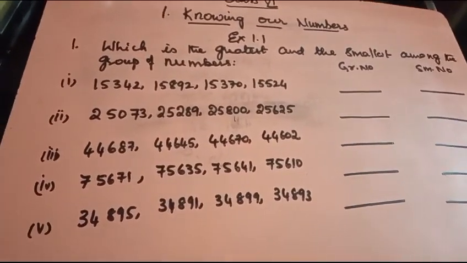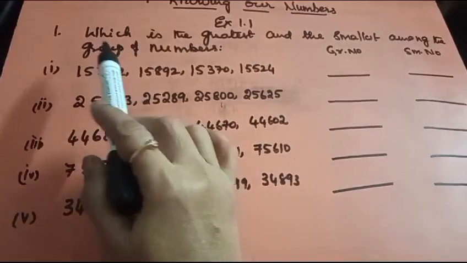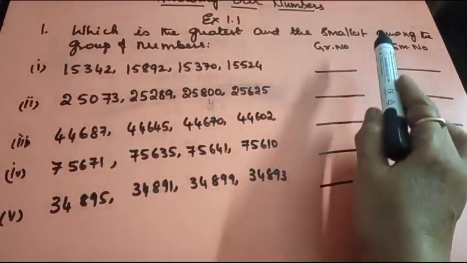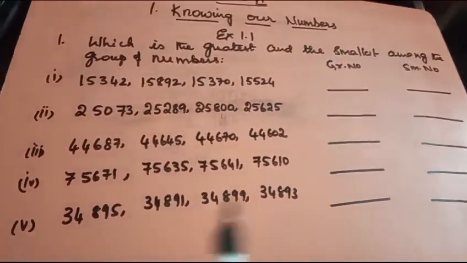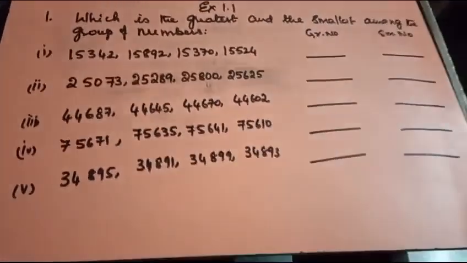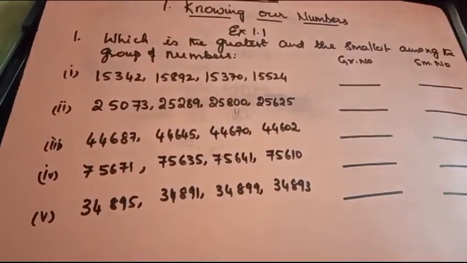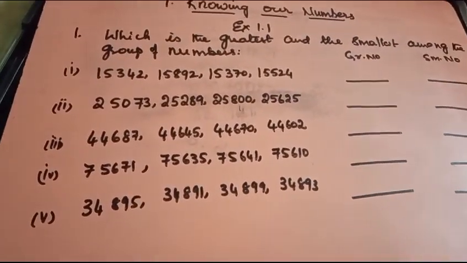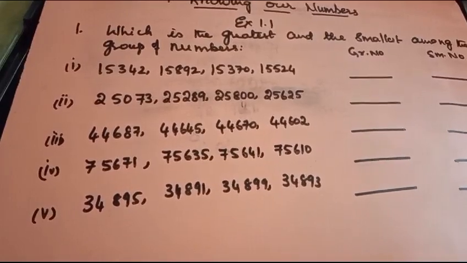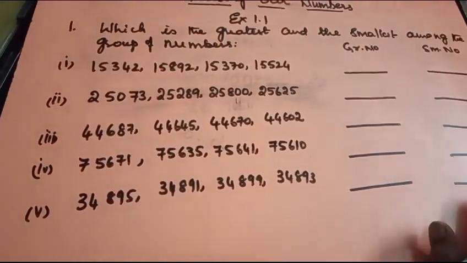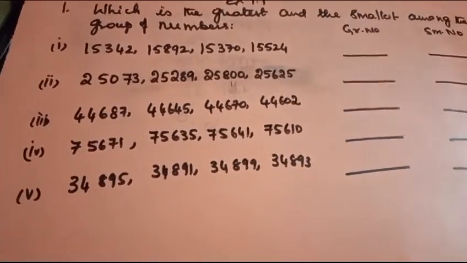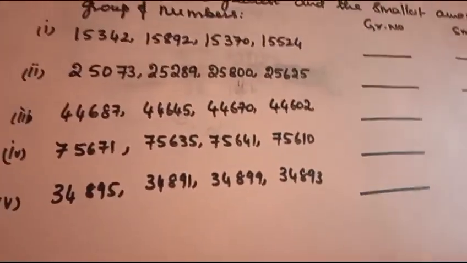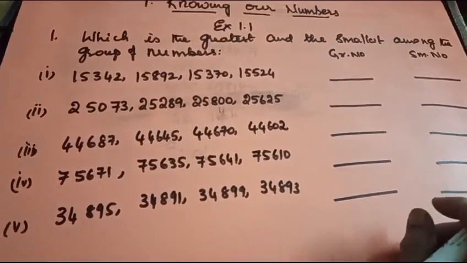The first question is dealing with which is the greatest and the smallest among a group of numbers. As I told you in the introduction lesson, where they gave numbers with different numbers of digits, you could very easily find out the greatest and the smallest number.